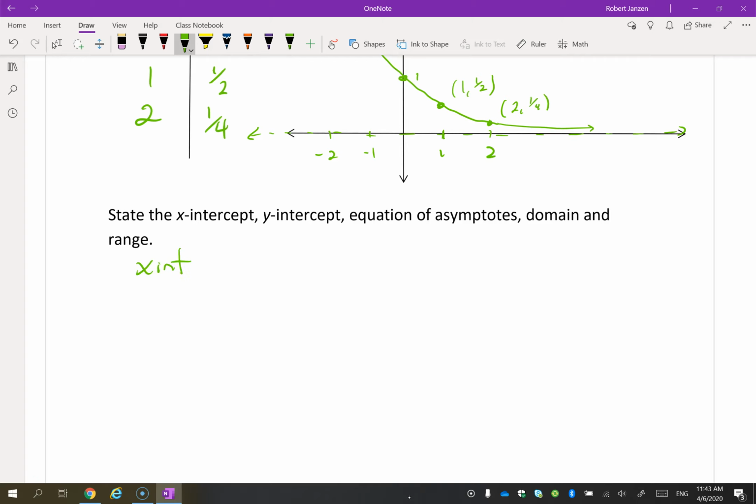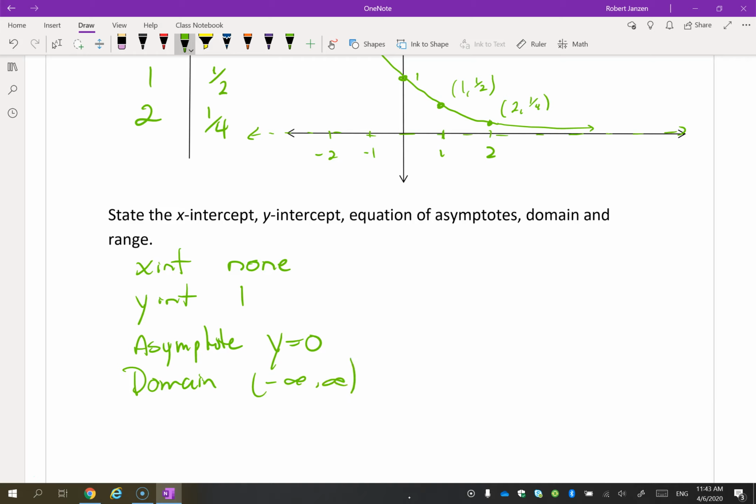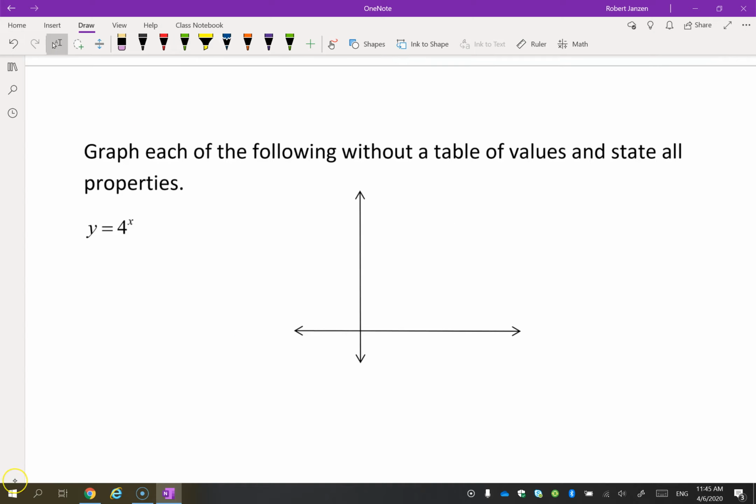Okay, x-intercept, none, y-intercept, 1, asymptote, y equals 0, domain -infinity to infinity, range 0 to infinity.